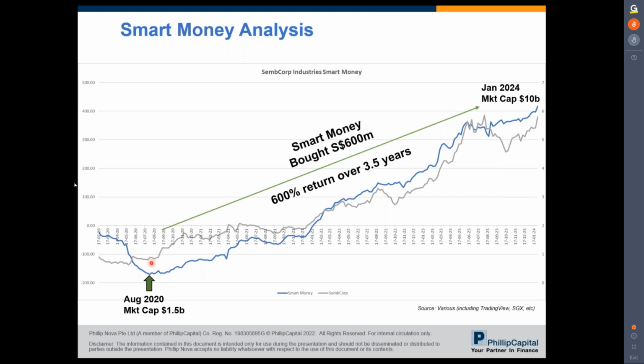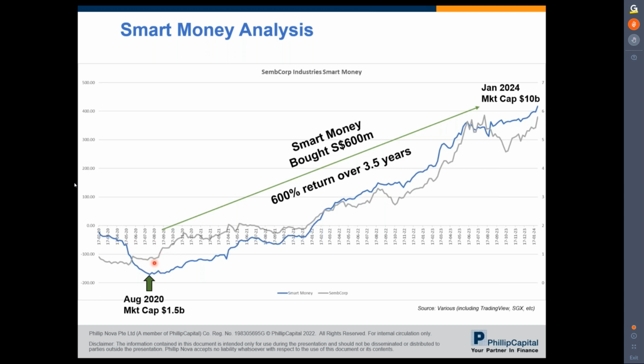Sembcorp Industries had always been a very stable company generating very stable business and cash flow. But because it is a major holder of Sembcorp Marine, which has suffered greatly due to its business being in oil and gas, and at that time the oil price wasn't doing so well.